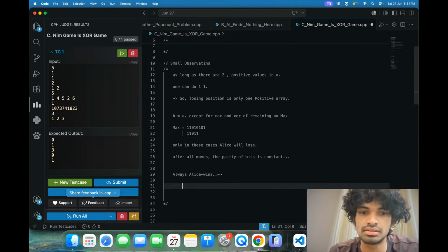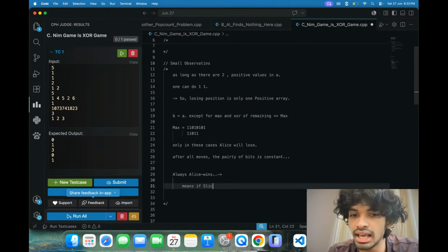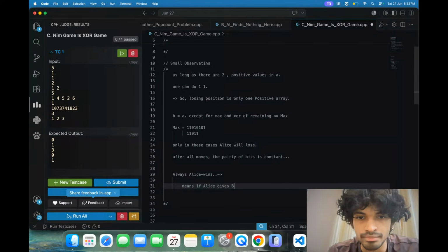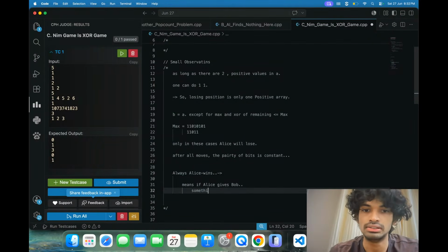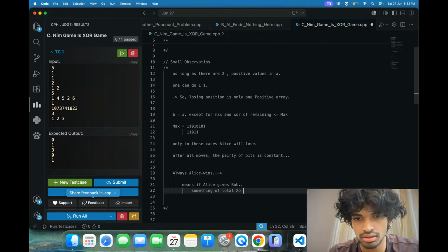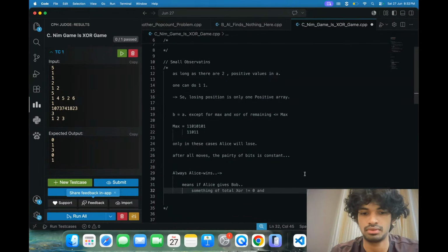Always Alice wins means if Alice gives Bob something of total XOR not equals to 0 and two things greater than 0, Bob wins. This is sure.